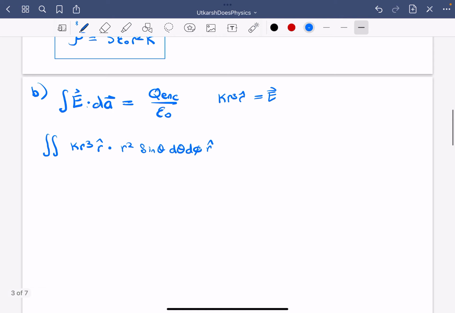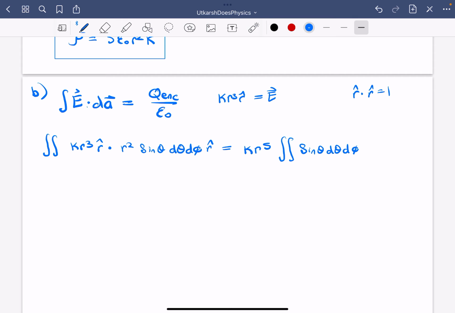Notice that we're dotting r hat with r hat, and that's exactly equal to 1. And since the integral has no r dependence, we can take r cubed and r squared outside, same with k, and we can then evaluate this integral. So k r to the 5 integral of sine theta d theta d phi.